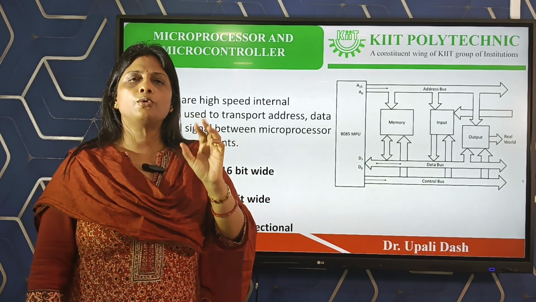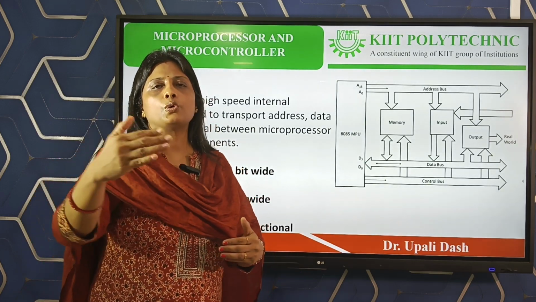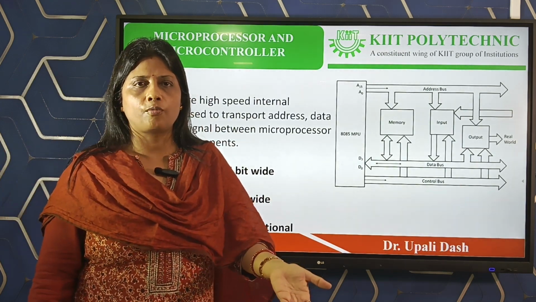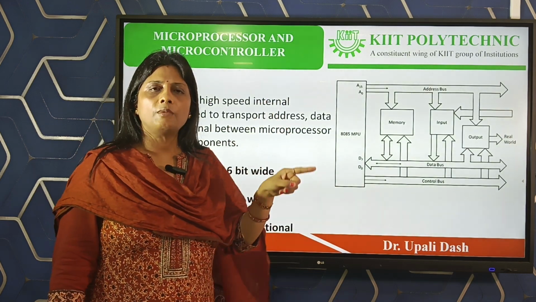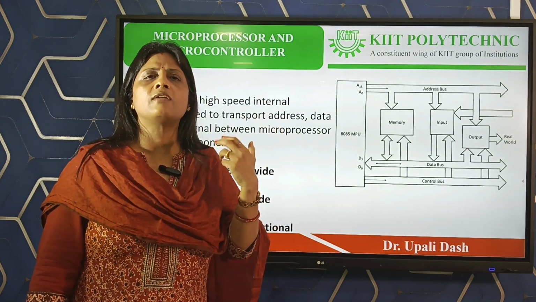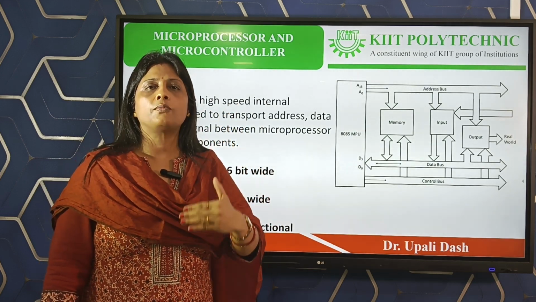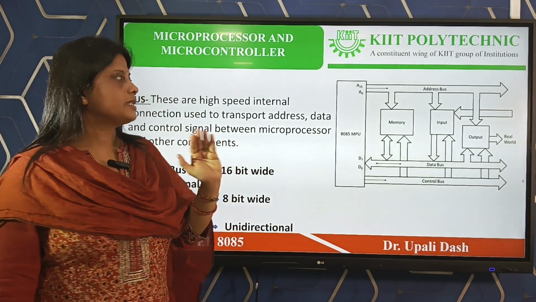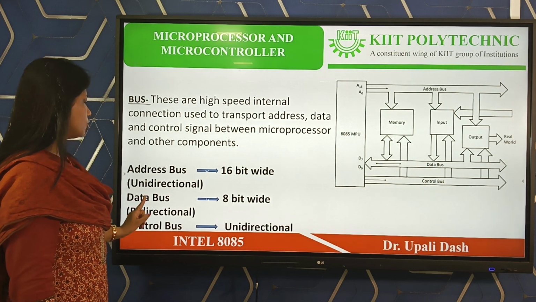What do we do with a bus? We stand at the bus stand, we get into the bus to go somewhere, or to get ourselves dropped at some point. Similarly, if the processor wants to give some signal to memory or output device, or get some signal from an input device, then it has to use the buses. So the buses are three: address bus, data bus and control bus.